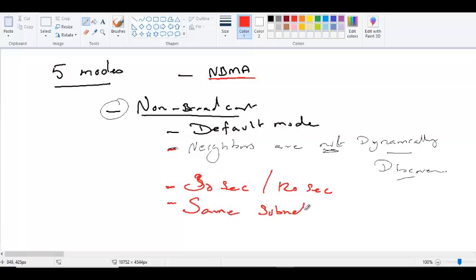Because you are having DR and BDR election, it is well suitable if you have full mesh. It is well suitable for full mesh.